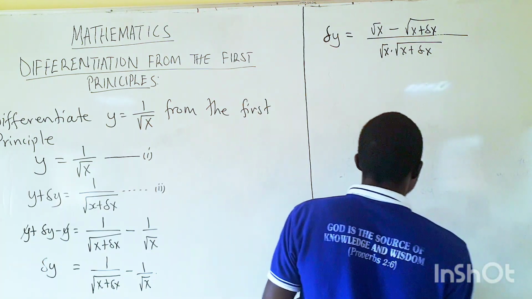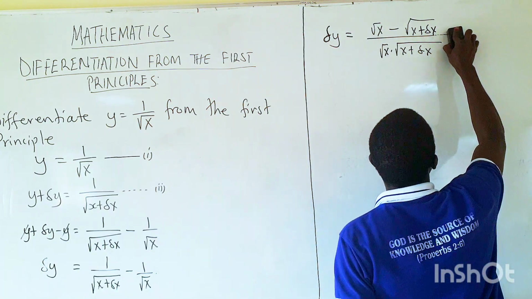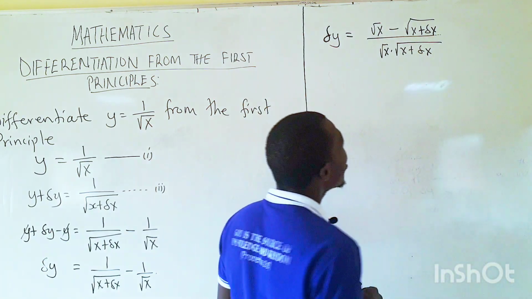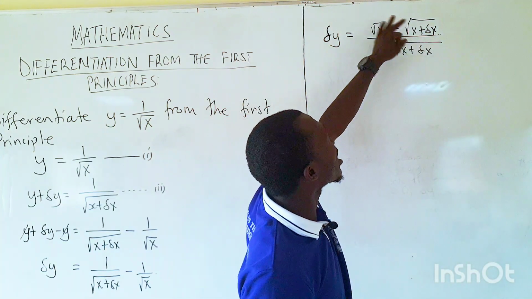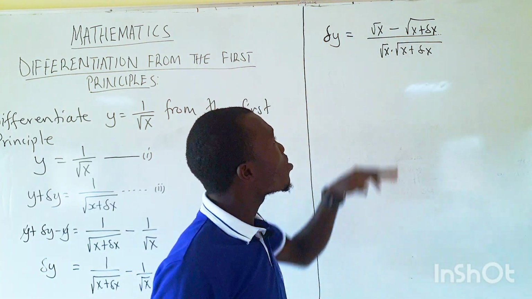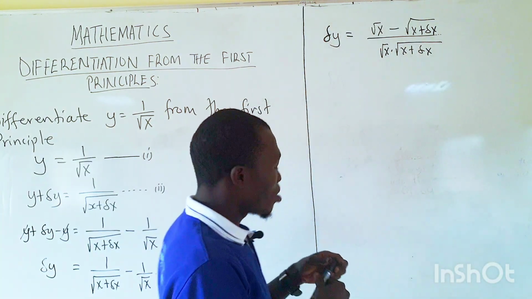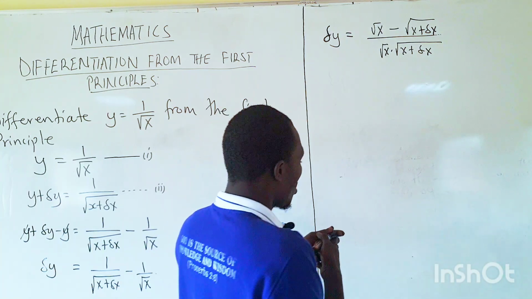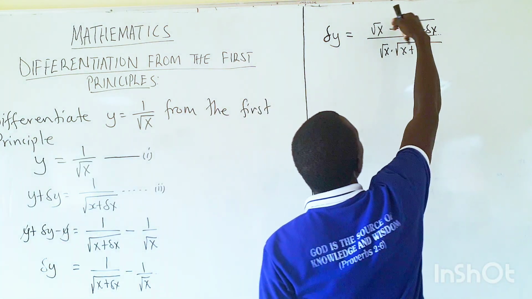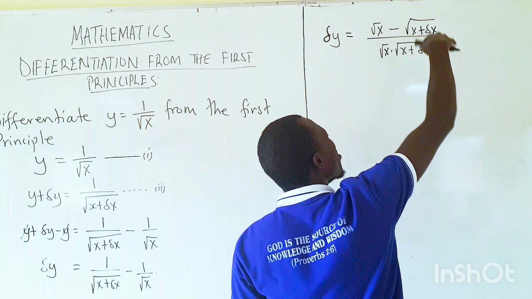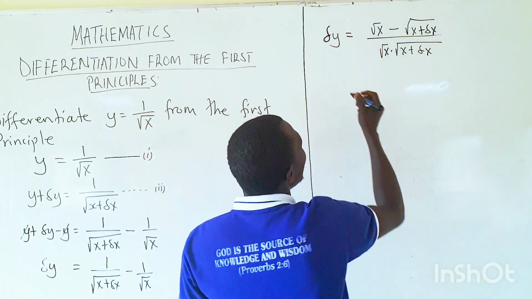So the next step there will be rationalizing what is up so that we can do away with the roots up there. When we rationalize, it means we shall get the conjugate of this and multiply it in both the numerator and the denominator.